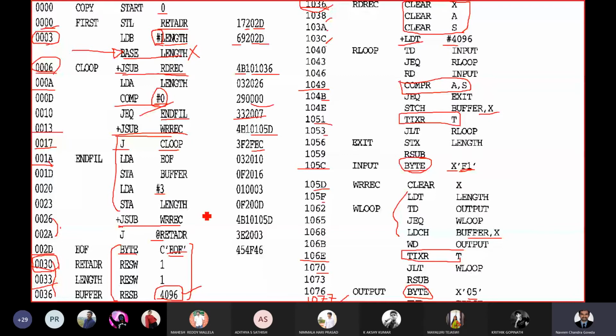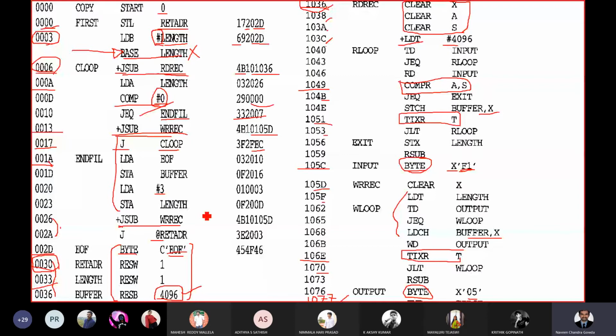Those are the instructions for which you'll be setting n as 0 and i as 1. And this is the only instruction in this program where you'll be setting n equal to 1 and i equal to 0. For all other instructions you'll be setting both n and i as 1, because when an instruction is neither indirect nor immediate, we consider it a simple addressing mode, for which we set both n and i as 1.